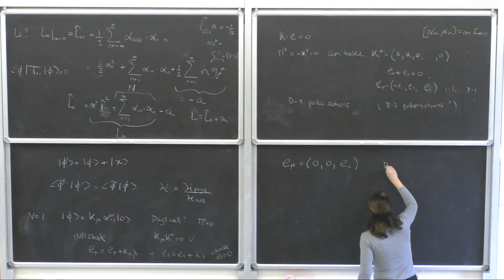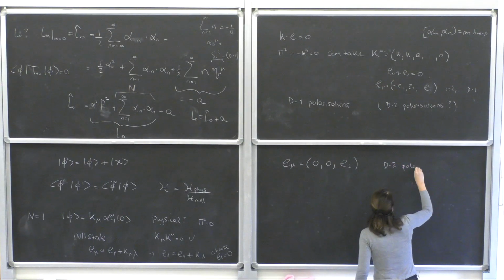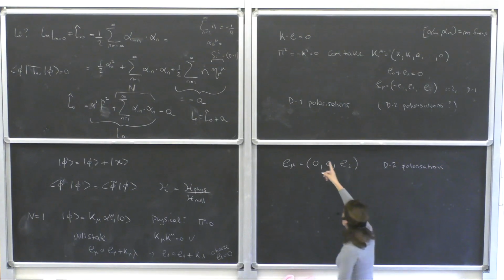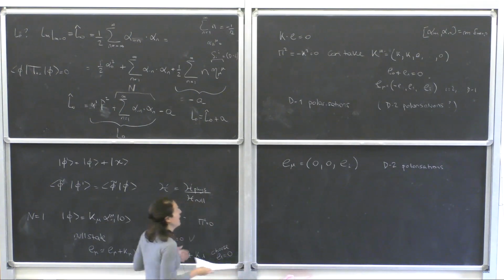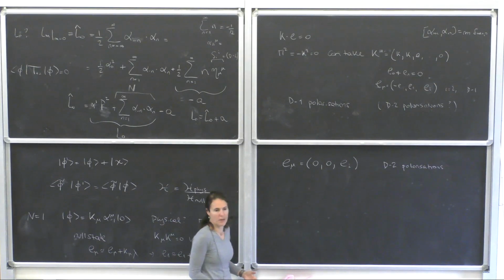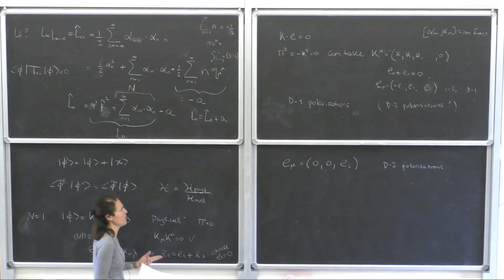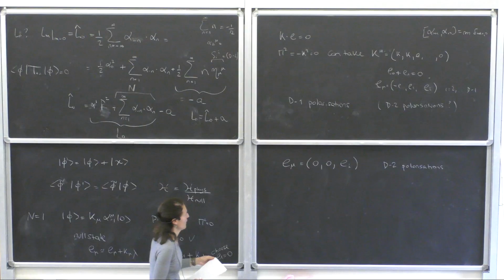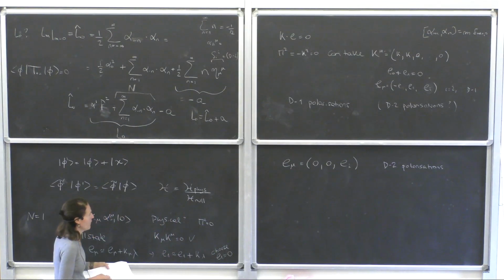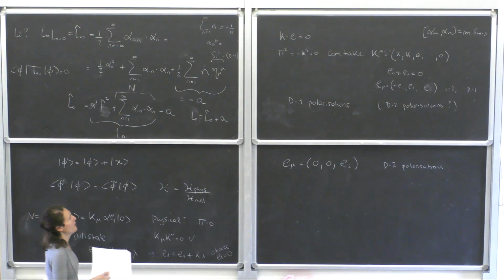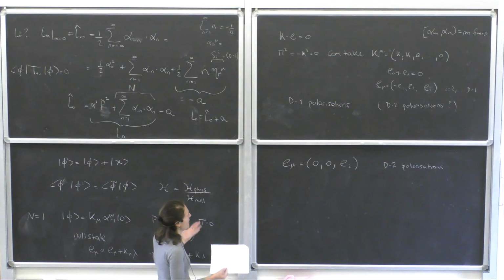So we have these D minus 2 polarizations, which are orthogonal to the light-like direction of K. So this is exactly what happens with a massless vector in 4 dimensions, where it has 2 polarizations which are orthogonal to K.